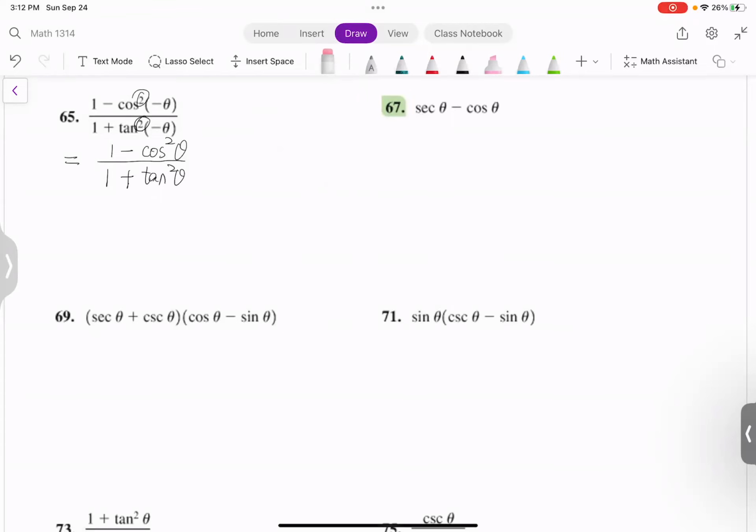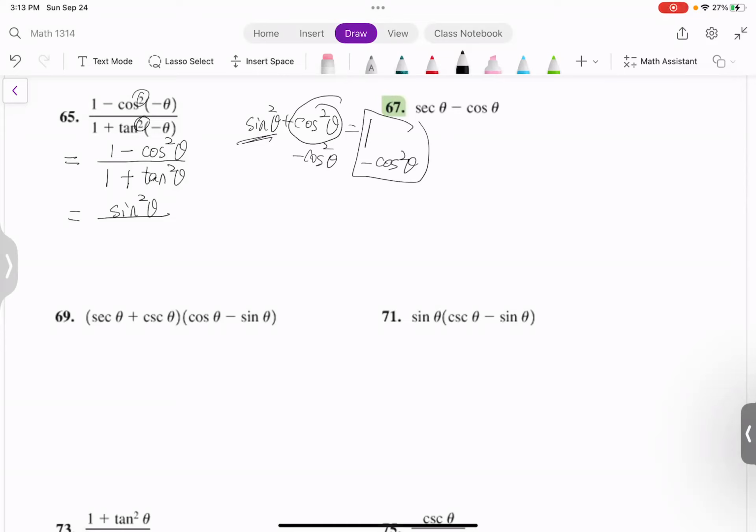Okay, let's do the simplification. What is the top? The top is sine theta squared, because sine theta squared plus cosine theta squared equals 1. So if I have 1 minus cosine theta squared, subtracting cosine theta squared from both sides, I'm having sine theta squared. What is 1 plus tangent theta squared?